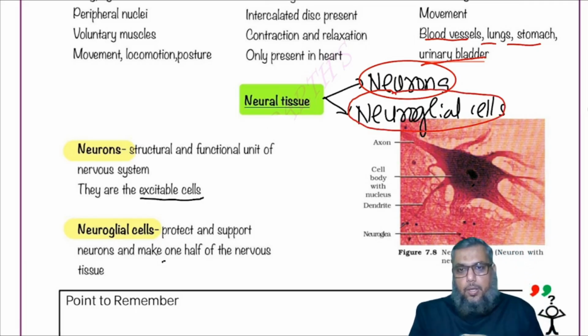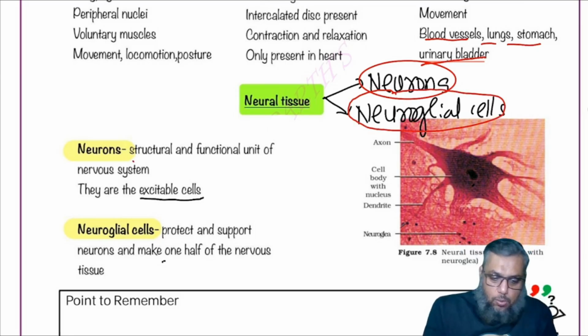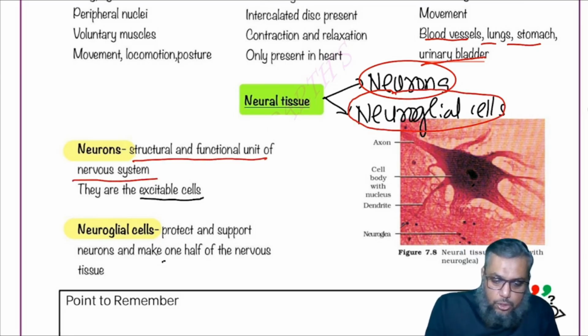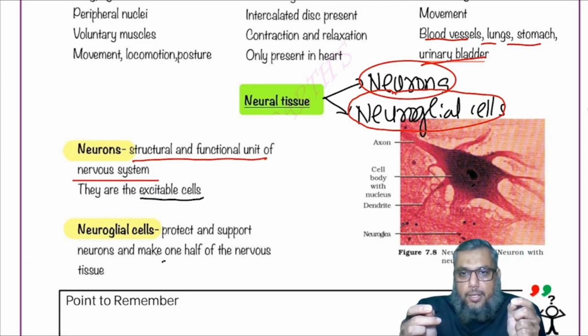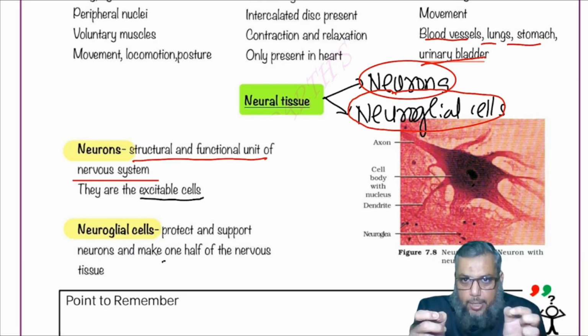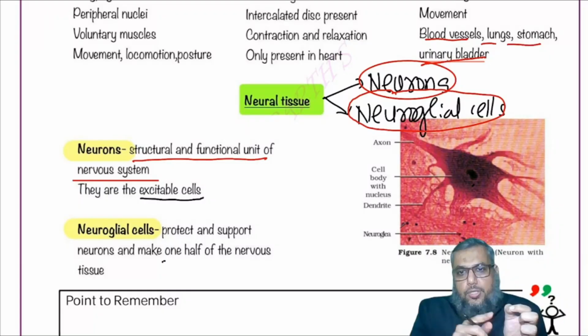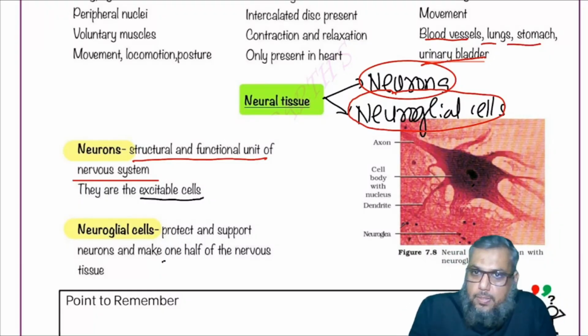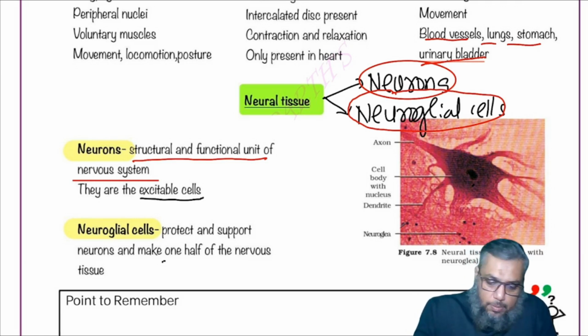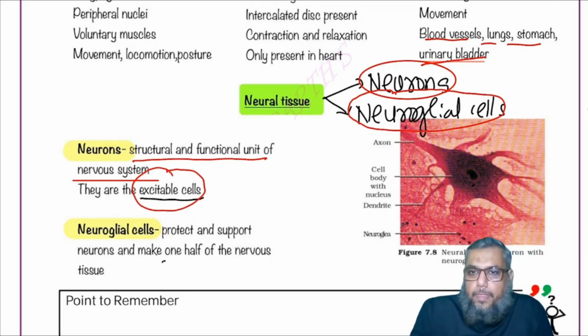Okay, the neurons are called structural and functional unit of the nervous system. जैसे कि इलेक्ट्रिसिटी की वायर है जिसके थ्रू इलेक्ट्रॉन्स फ्लो होते हैं और उसको हम लोग कहते हैं इलेक्ट्रिसिटी, वैसे न्यूरॉन के पास एक वायर है जिसका नाम है एक्सॉन, जिसके थ्रू इलेक्ट्रोकेमिकल सिग्नल्स पास होते हैं जिसको हम कहते हैं नर्व इम्पल्सेस। और as the neuron can carry the nerve impulses, they are called as the excitable cells.